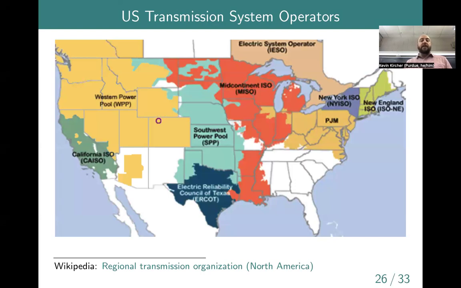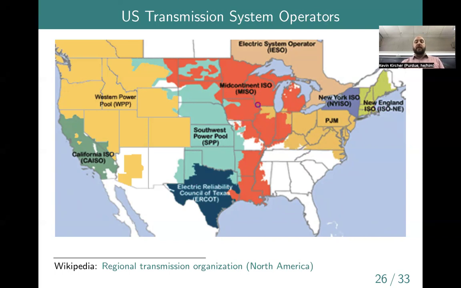So here's a map of the TSOs in the US. Some states have their own. California runs what's called CAISO, the California ISO. New York also has their own, and Texas has their own as well. Then we have many that span multiple states. New England ISO is half a dozen states in the Northeast. PJM is much of the Eastern Seaboard. This stands for Pennsylvania, Jersey, Maryland, but they also cover many other states.